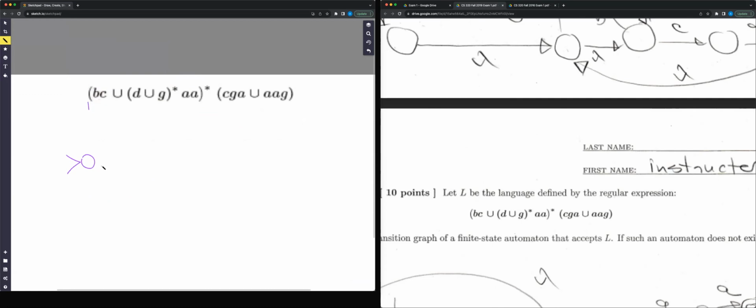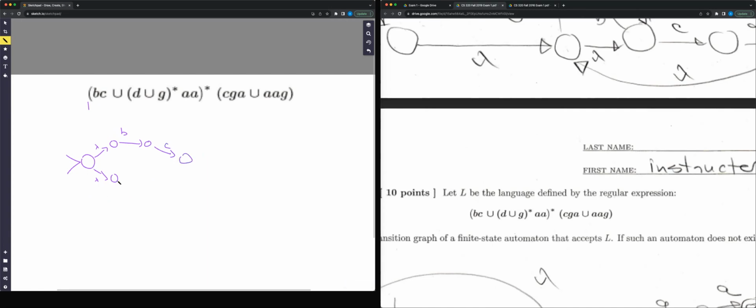But from the beginning, I see that I have a choice, either BC or this part here, right? So either I do a, let's do lambda transition. Either I'm picking the top of the BC or I'm doing the bottom thing. And this is the top one, so that means it's a B and then a C. And then I get to the state.